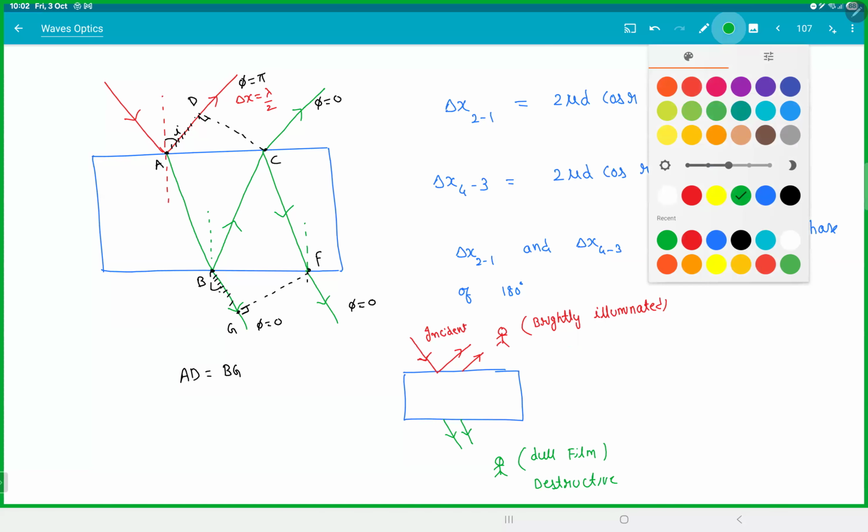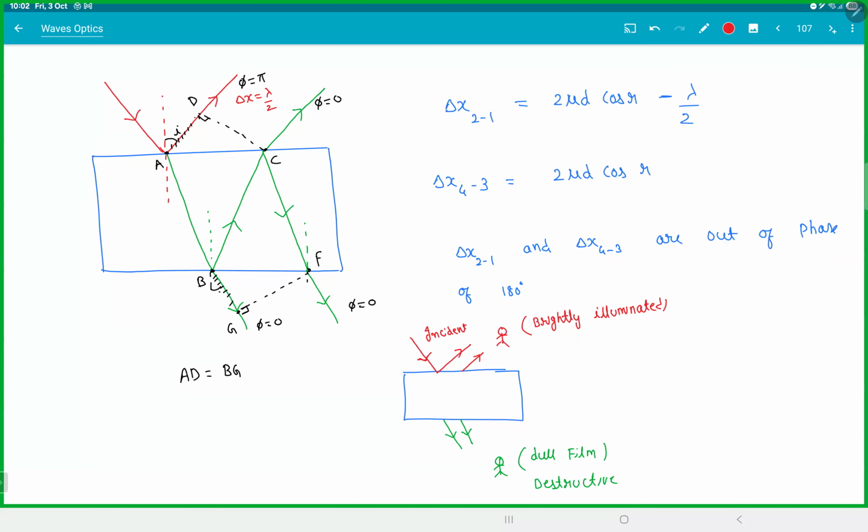So basically, if one observer on one side sees maxima, constructive interference, the other guy has to see destructive interference. Vice versa.